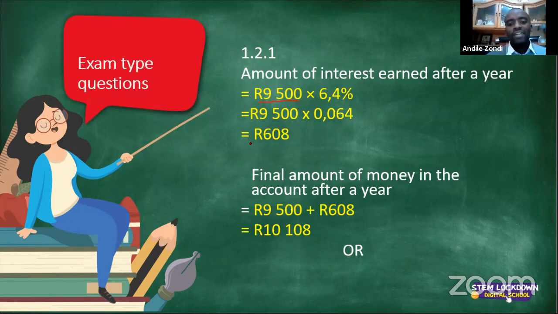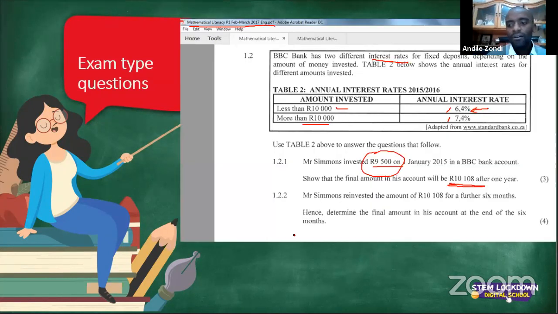So the amount of interest that Mr. Simons will earn after 1 year will be 608 rands. Okay, so the final amount in his account after a year will be the principal amount, the initial amount invested, plus interest earned over a year. That will give you 10,108, which is exactly what they wanted.